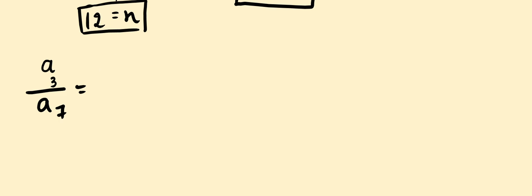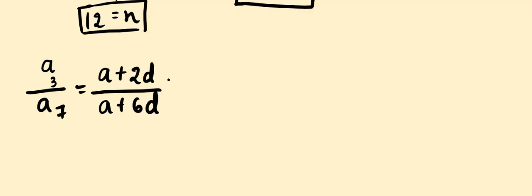How will we write? a3 we can write as a plus 2d divided by a7, a plus 6d. We can write a plus n minus 1 into d, correct? But we have written a plus 2d because we have d and we have a in our hand. So we will write as it is.